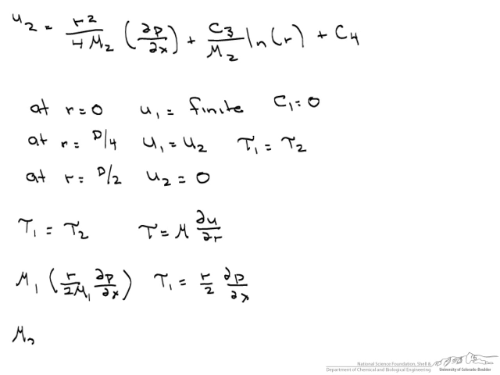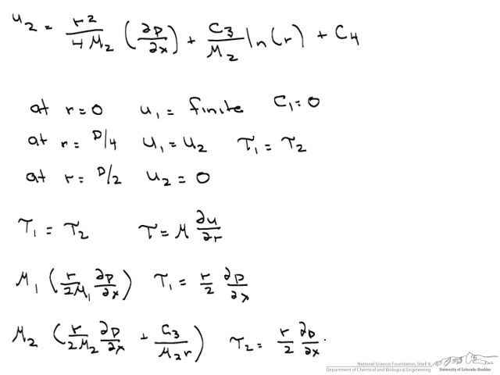So that's mu2 du2 dr, which is r over 2 mu2 dp dx. But now we have to keep in that c3. We had gotten rid of c1 already. Mu2 over r.